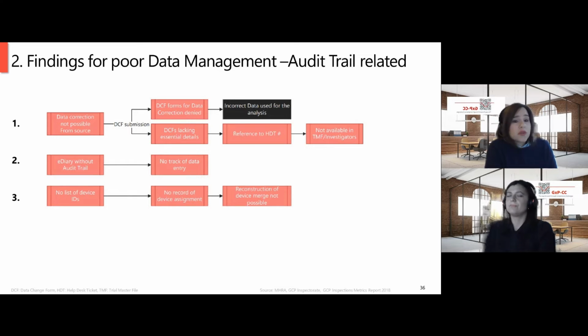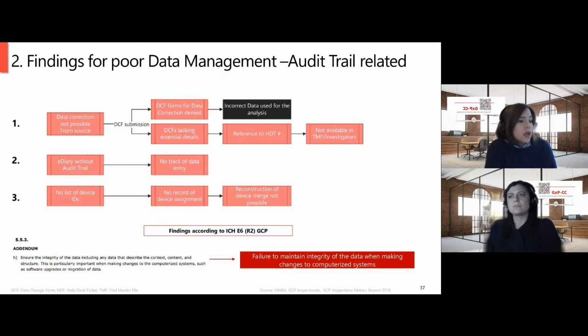There was no track record of device assignment, meaning that after merging, it was not possible to see from which device data was recorded at each time. In this case, again, one of the findings for the sponsor was that they failed to maintain integrity of the data when making changes to computerized systems, so when going from one device to another.